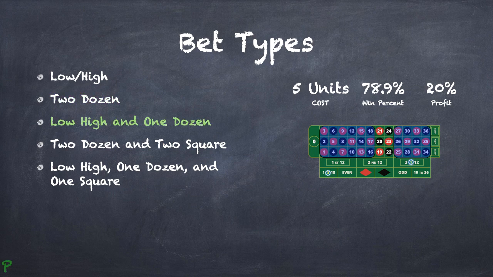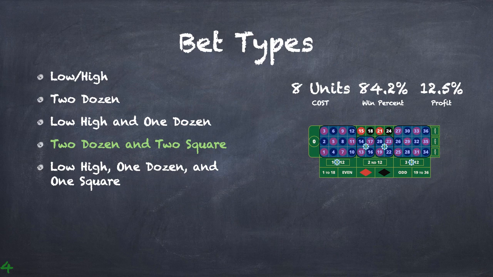Our third bet type requires us to place 3 units on our low-high and then 2 units on a non-overlapping dozen bet. It costs 5 units with a win percent of 78.9% and a profit of 20%. Our fourth bet is a 2 dozen and 2 square bet.